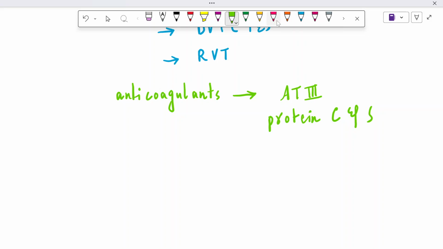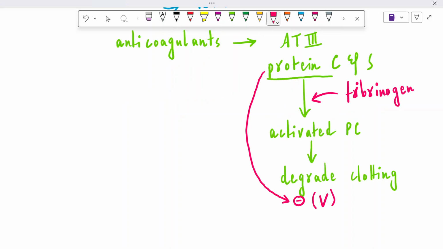So this protein is going to degrade the clotting factor, and that's why it is preventing coagulation. But what is the molecule that converts protein C into activated protein C? It's thrombin. Okay, it's fibrinogen, to be more accurate. Fibrinogen converts protein C into activated protein C, and it's going to degrade clotting factors like clotting factor 5, and prevent the coagulation.